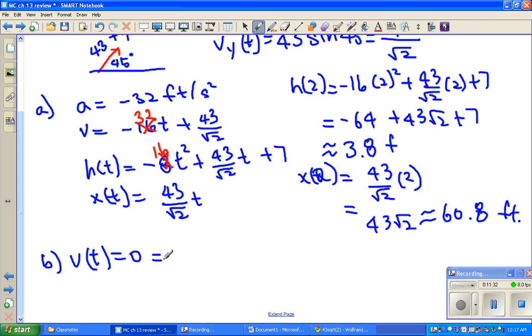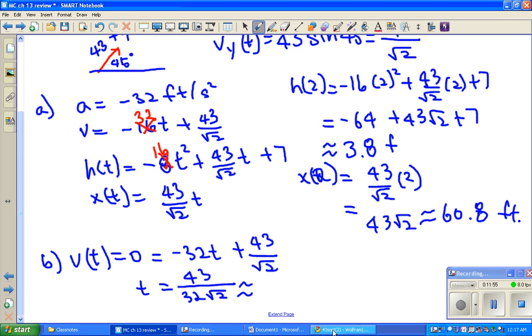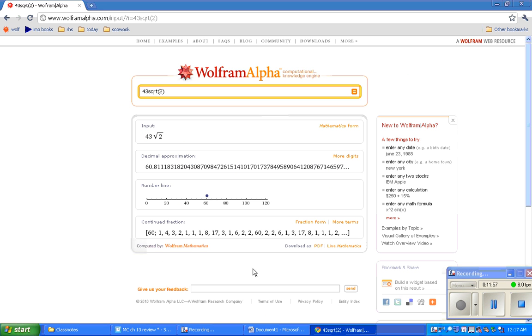In other words, we have negative 32t plus 43 over radical 2. Now, if you solve this, we get to realize t is equal to 43 over 32 radical 2.